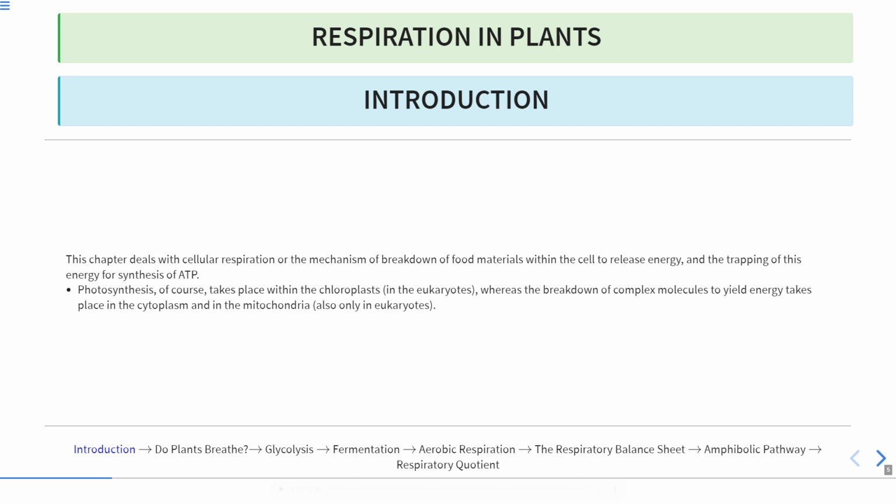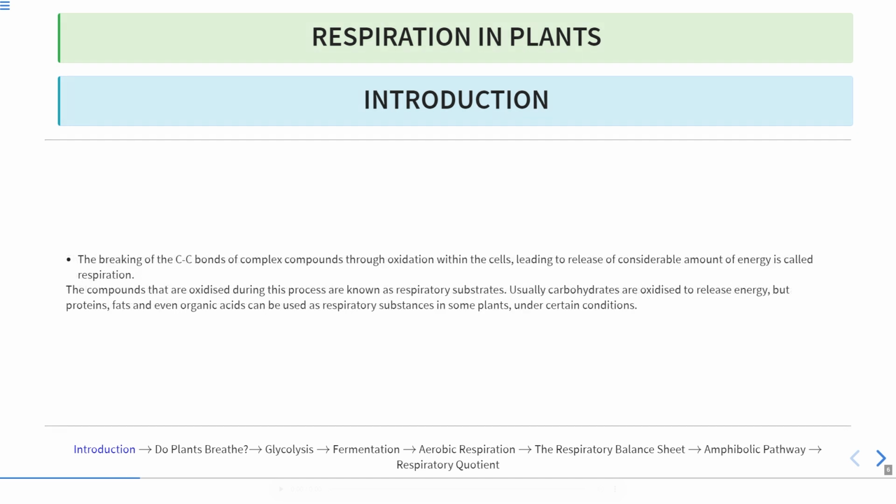So photosynthesis is occurring in a cell organelle, that is the chloroplast. And where is the breakdown of this food material occurring? It is occurring in the cytoplasm and also in the mitochondria. So these two places are involved in the process of respiration, whereas the synthesis of food occurs in the chloroplast.